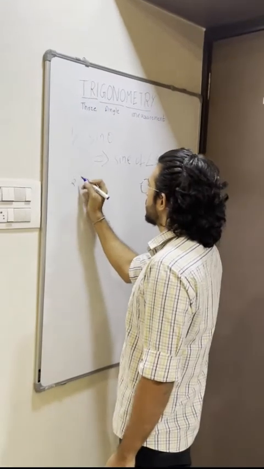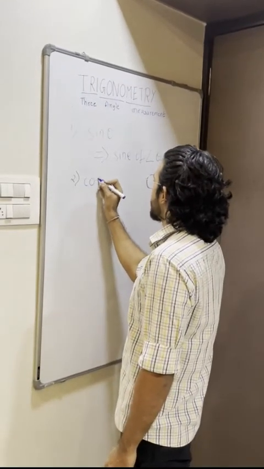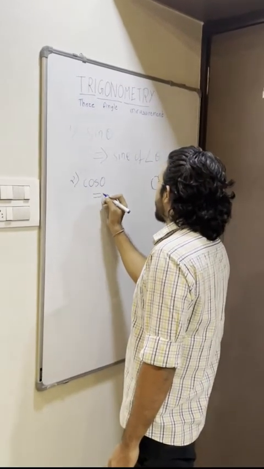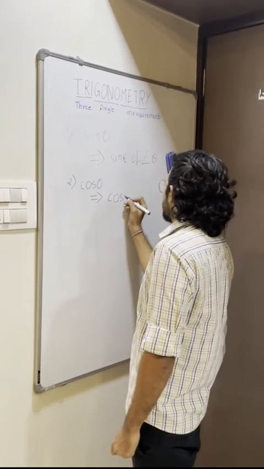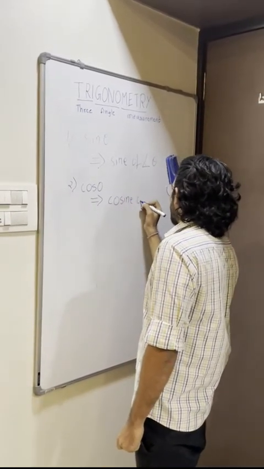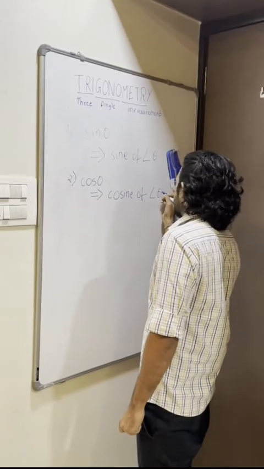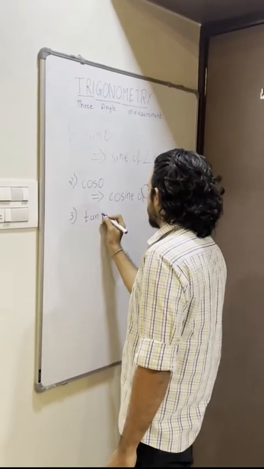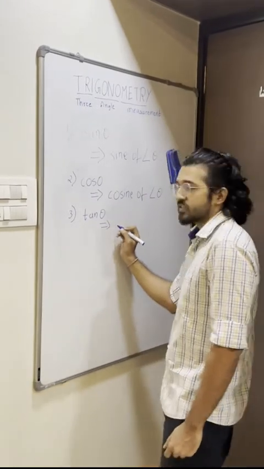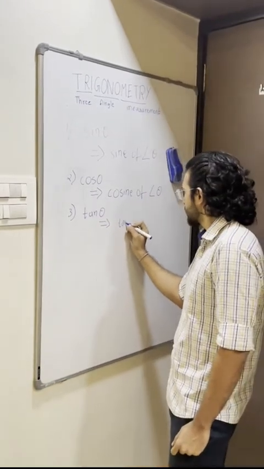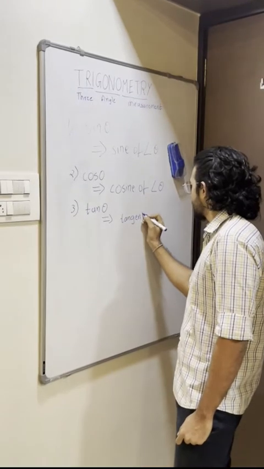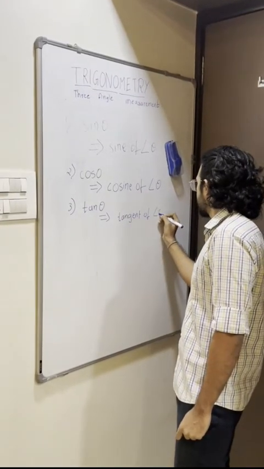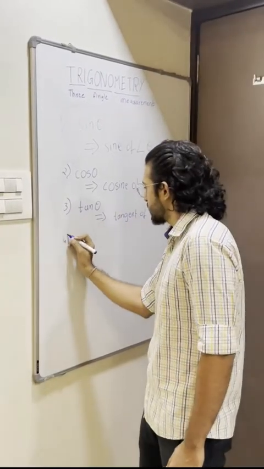The second one, cos theta, which implies cosine of angle theta. The third one, tan theta, which implies tangent of angle theta.